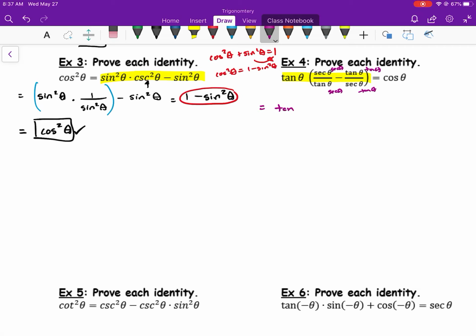So I'm going to get tangent theta times secant squared theta minus tangent squared theta, all divided by secant theta times tangent theta. I know the top here is another Pythagorean identity, and this equals 1.